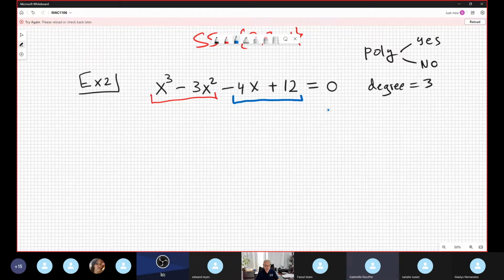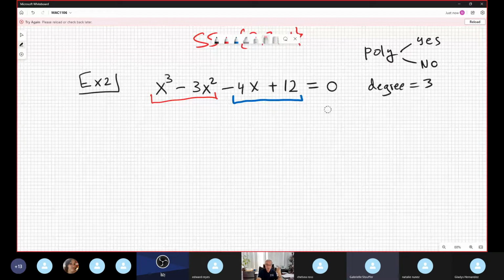Say again. My Wi-Fi was lagging when you were explaining the degree. Okay. The degree is the highest exponent in the equation. Do you see this number, right? Yes or no? Yes. So my polynomial equation has degree 3.